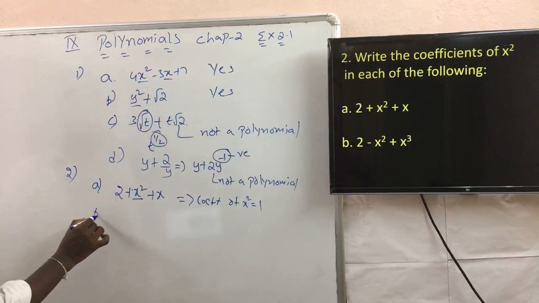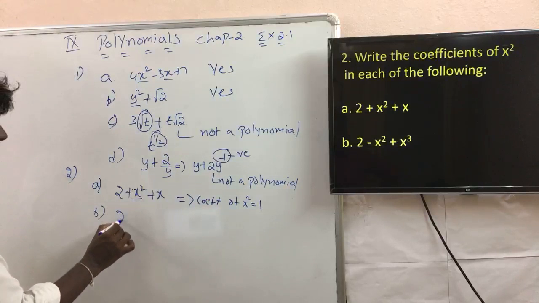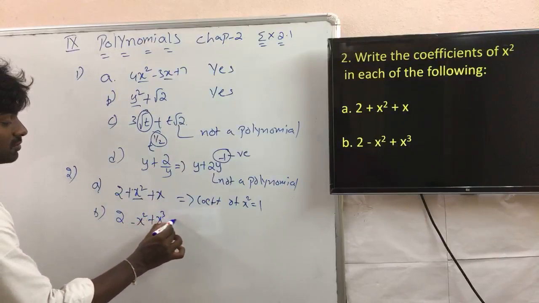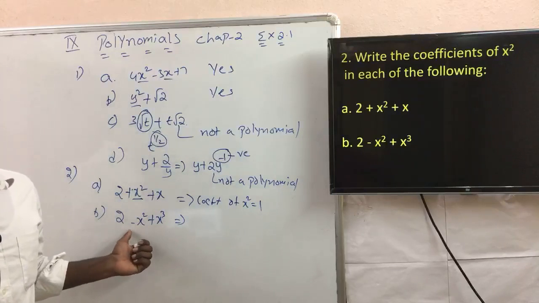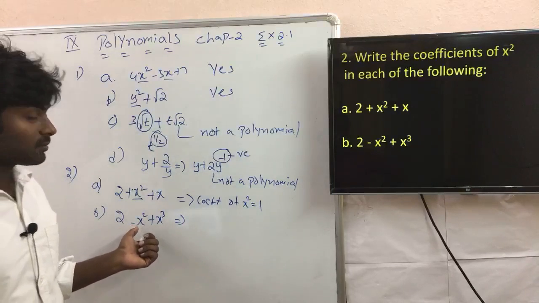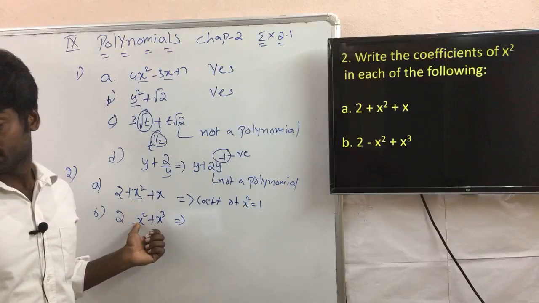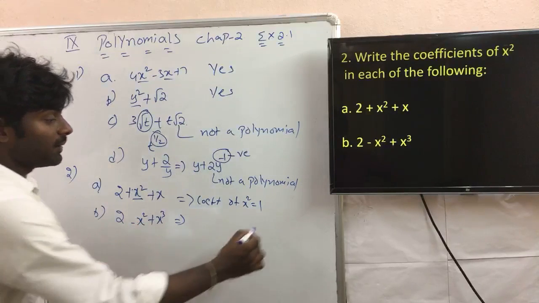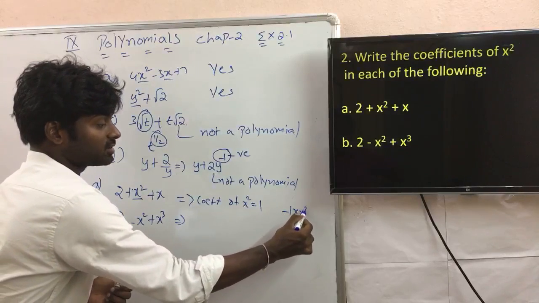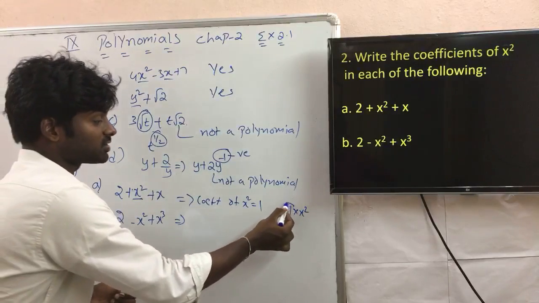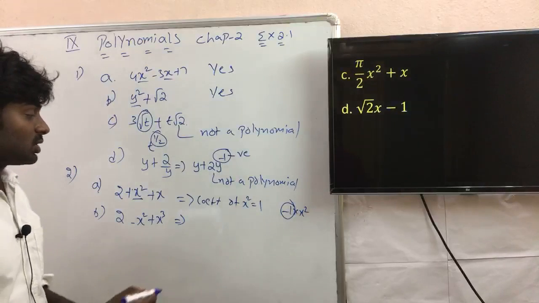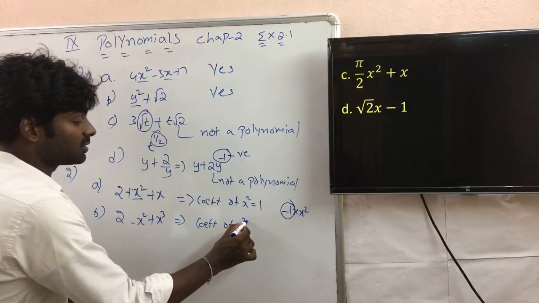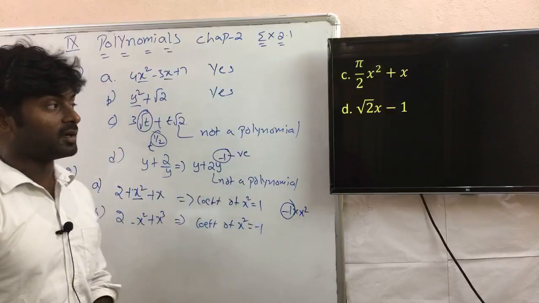Now see second one, 2 minus x square plus x cube. So what is the coefficient here? Yes, it is minus 1, because minus x square is nothing but minus 1 into x square. So the coefficient of x square in the second sum is minus 1.